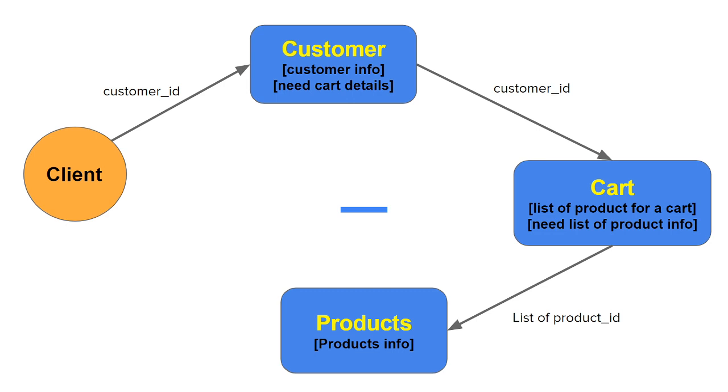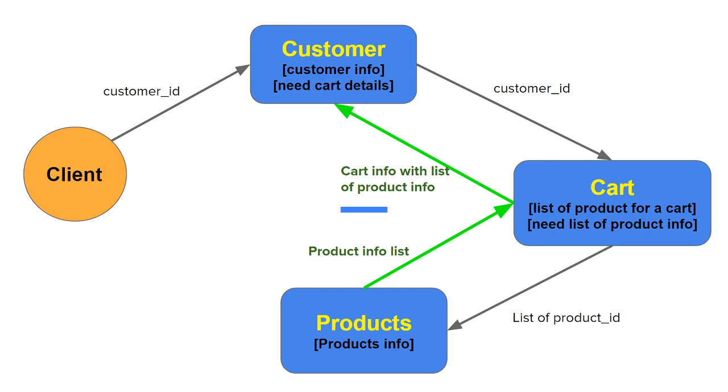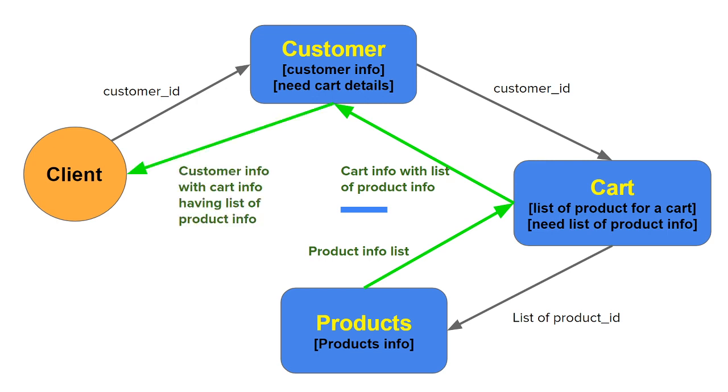Products will return the product info list to cart, and cart will get back to customer, and now customer will return to the user with all the product information. So we are going to implement this scenario.